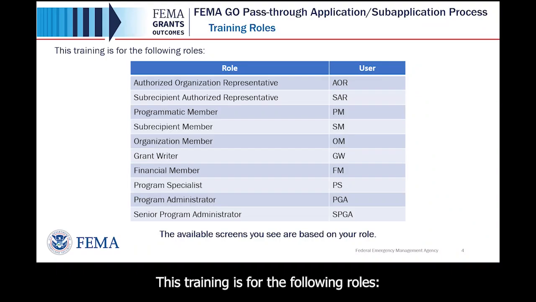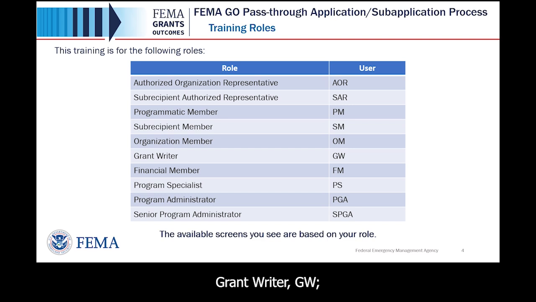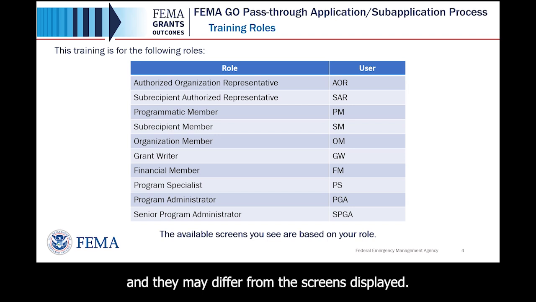This training is for the following roles: Authorized Organization Representative, AOR, Subrecipient Authorized Representative, SAR, Programmatic Member, PM, Subrecipient Member, SM, Organization Member, OM, Grant Writer, GW, Financial Member, FM, Program Specialist, PS, Program Administrator, PGA, Senior Program Administrator, SPGA. Please note that the available screens you see are based on your role and they may differ from the screens displayed.